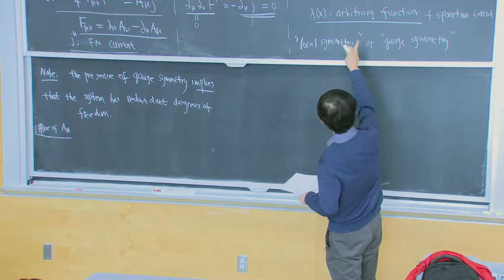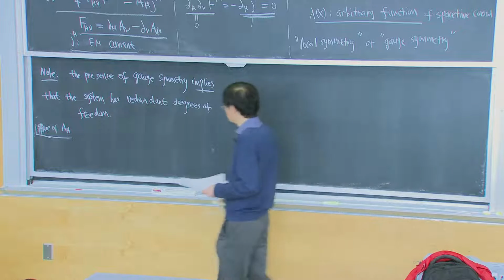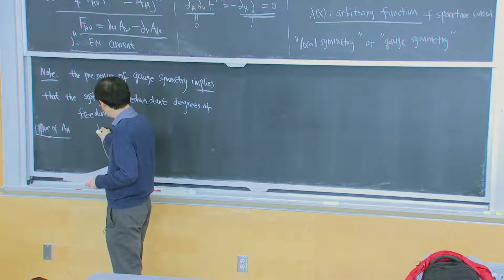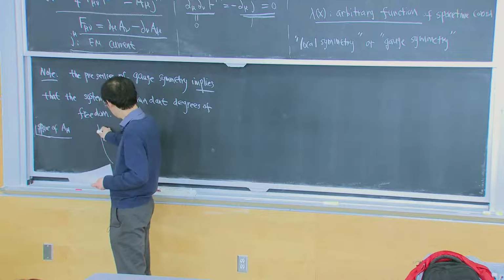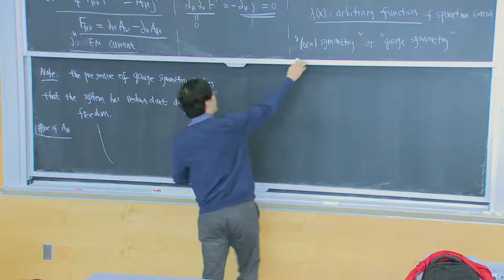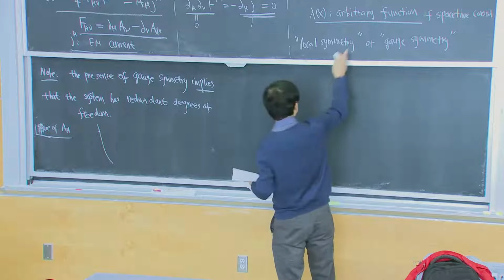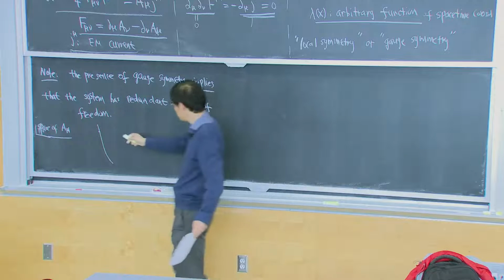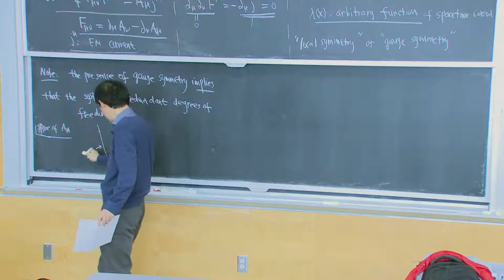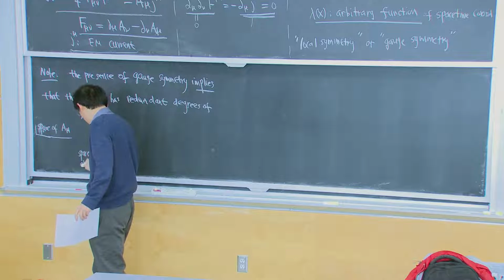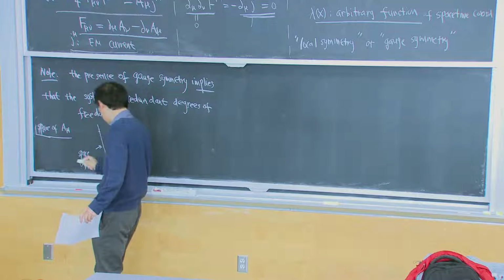The gauge transformation can be viewed as follows: for each A mu, imagine you make an arbitrary transformation, this lambda of x, and so this line is the space of lambda of x.